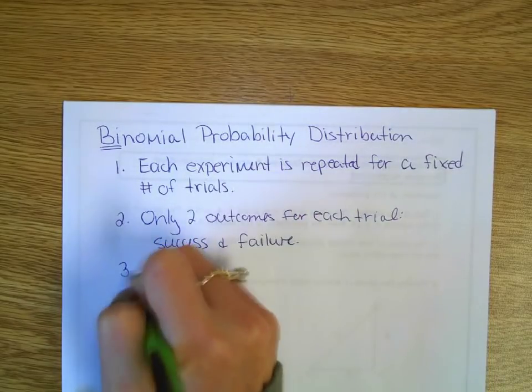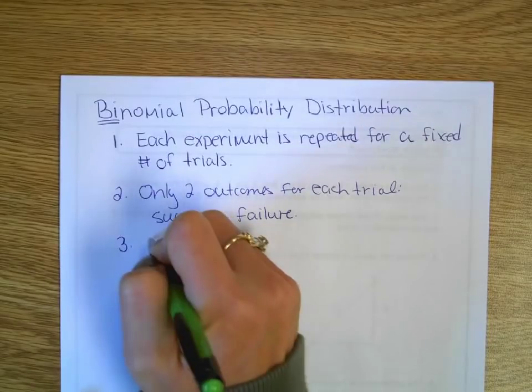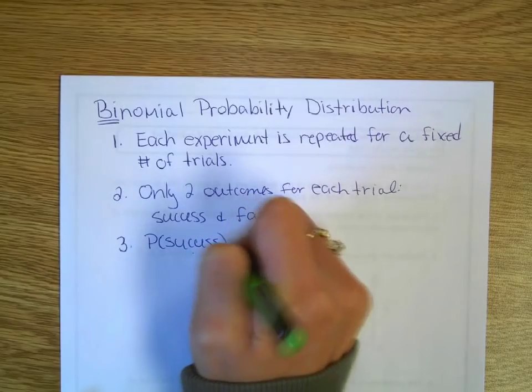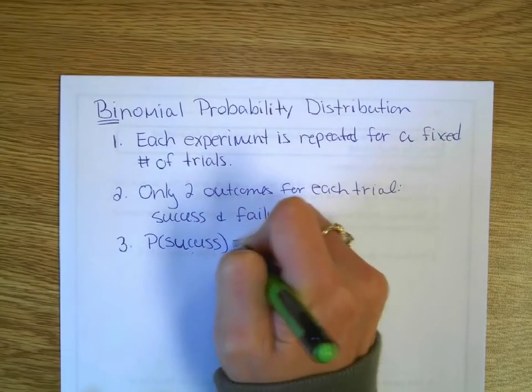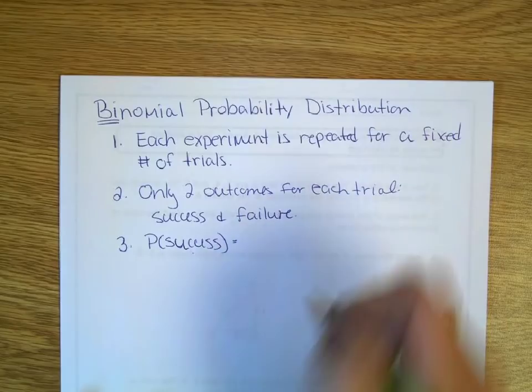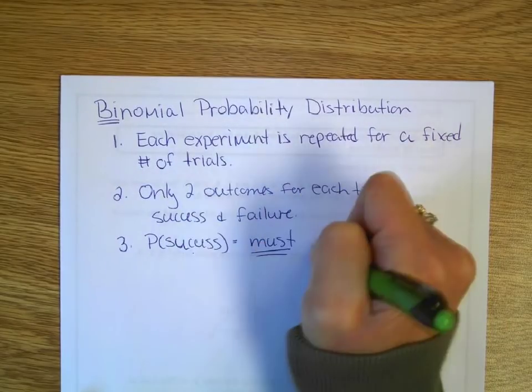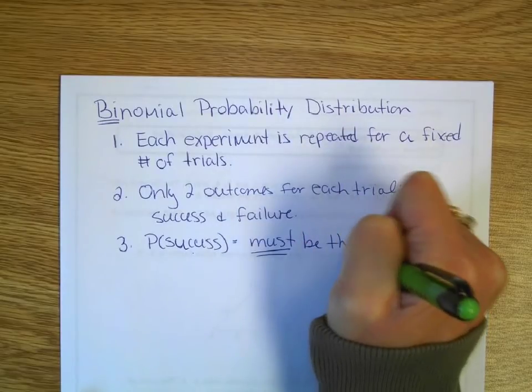And then the 3rd thing that has to happen is that the probability of success must be the same for each trial.